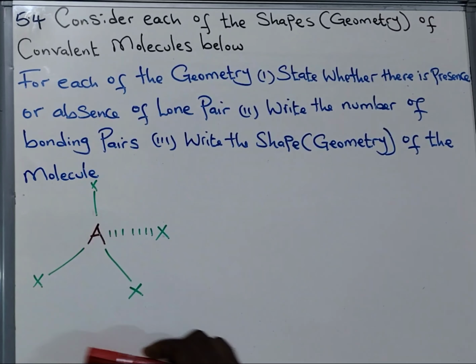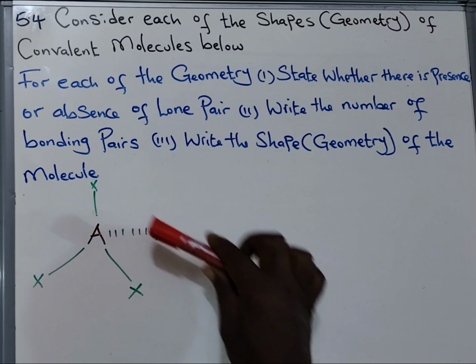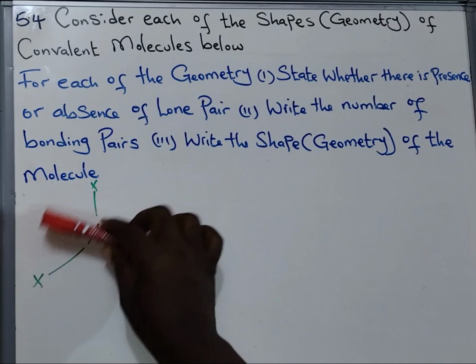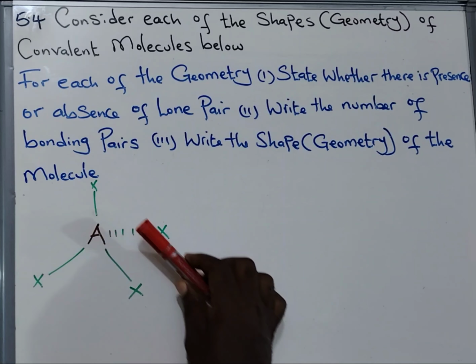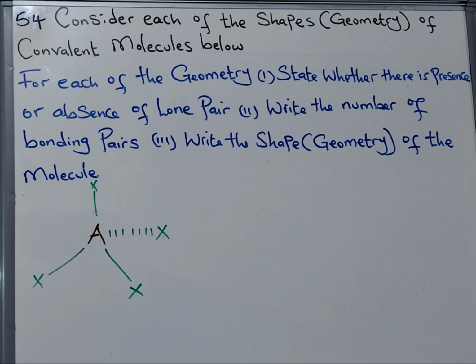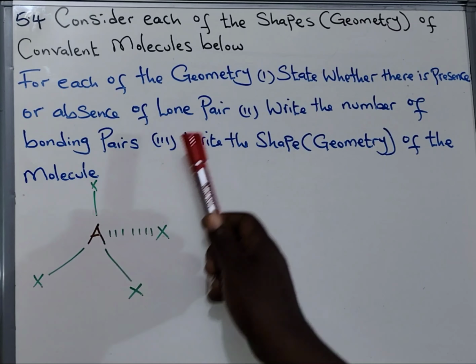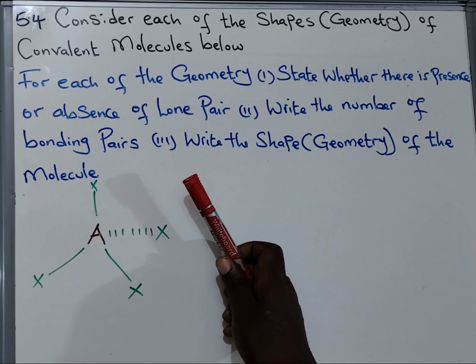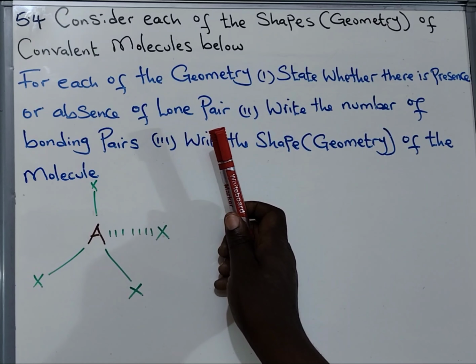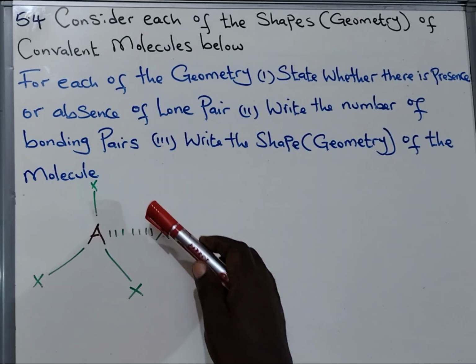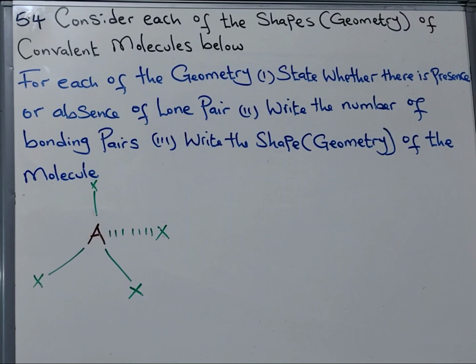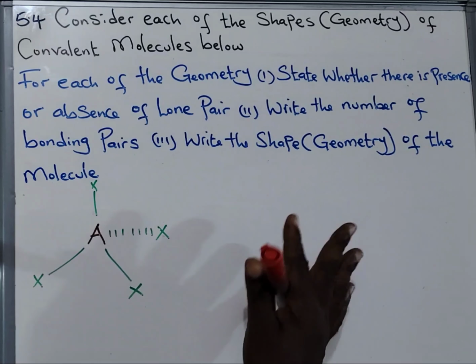So then comes this molecule with the bonding pairs distributed as shown here. Then the question says, state whether there is presence or absence of lone pair. Where the bonding pairs are distributed, they show that there is nothing pushing them.